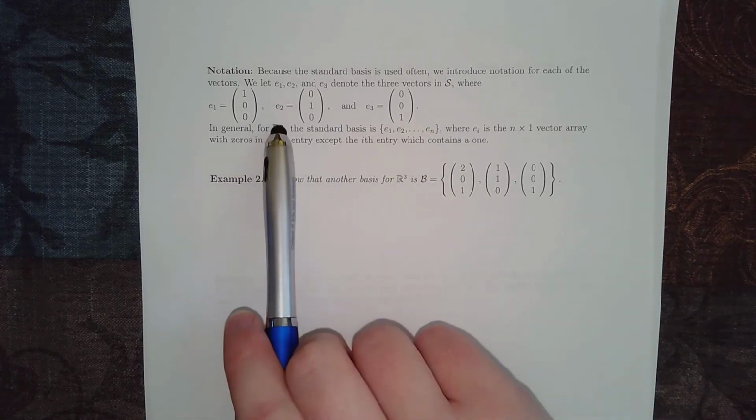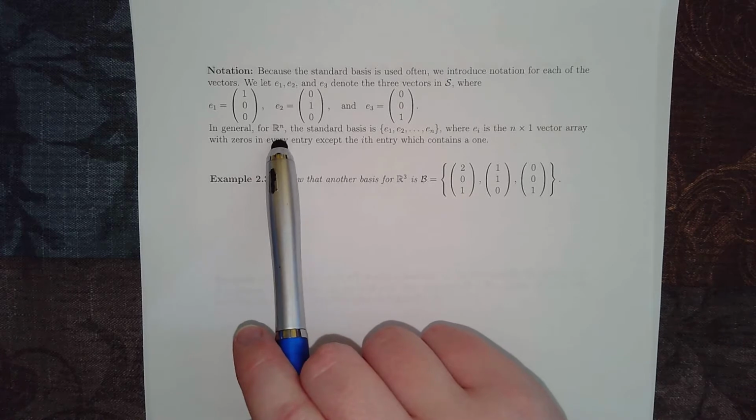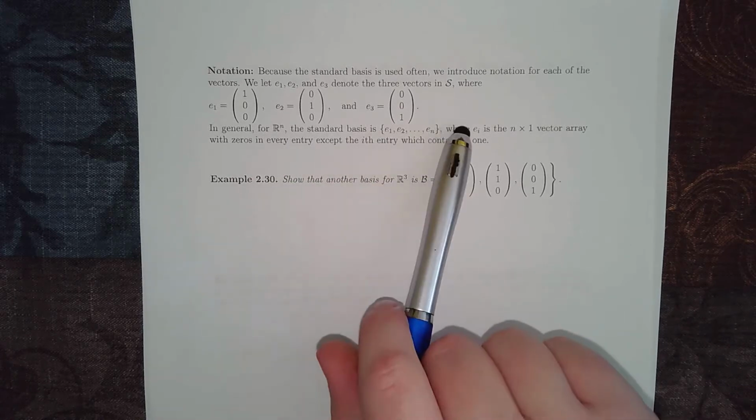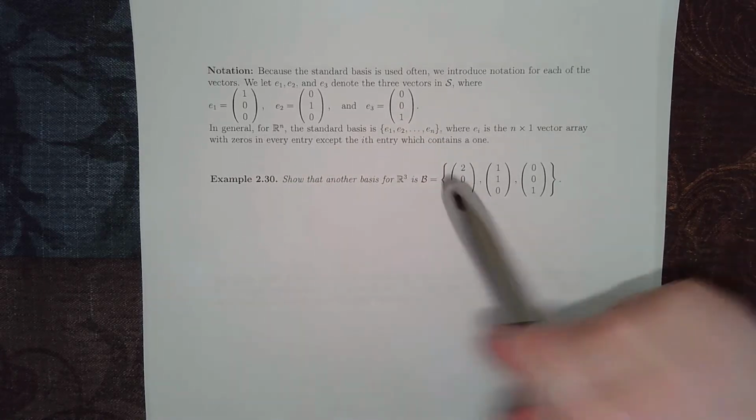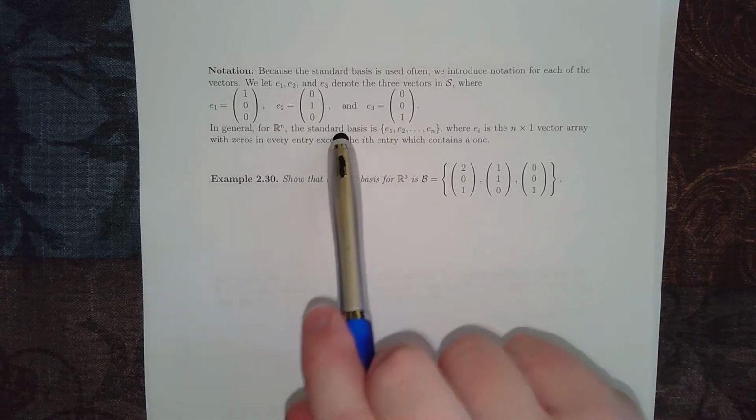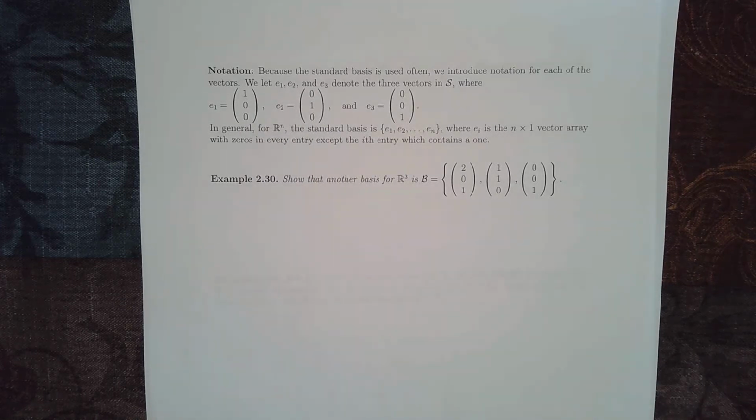And so if you ever expanded this to say Rn, say R5, E1 through En just denotes that the subscript is where the 1 shows up in that vector and there are zeros everywhere else. It might come up in the WebAssign, and that's why I'm making sure to mention it.